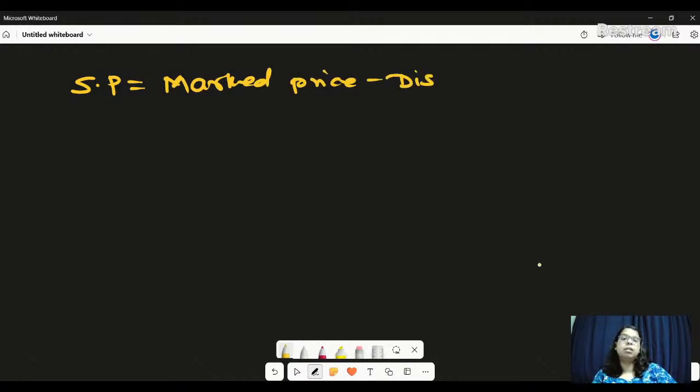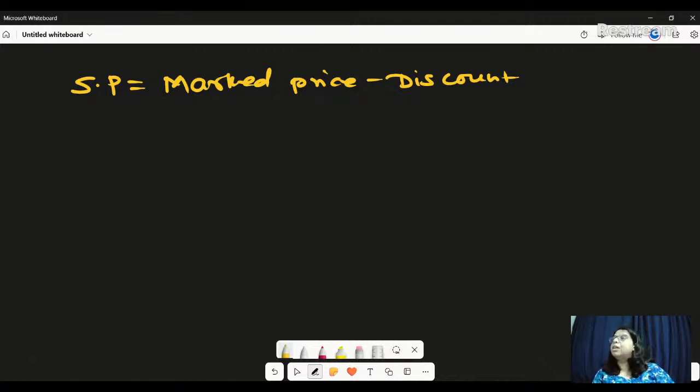So your selling price is equal to marked price minus the discount. When we have the percentage discount, we are going to calculate how much that percentage discount amounts to, and subtract it from the marked price.